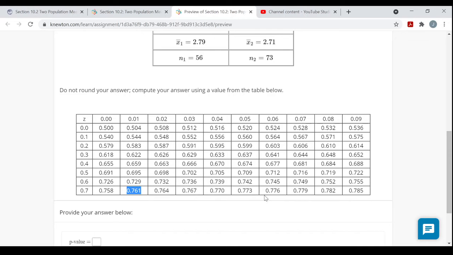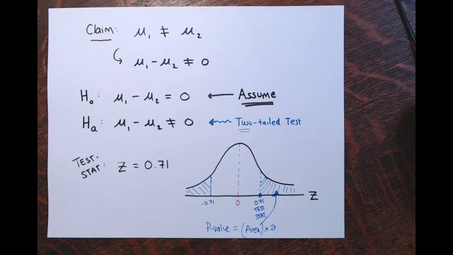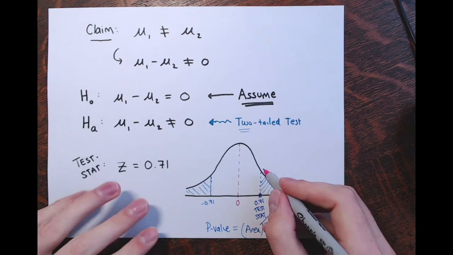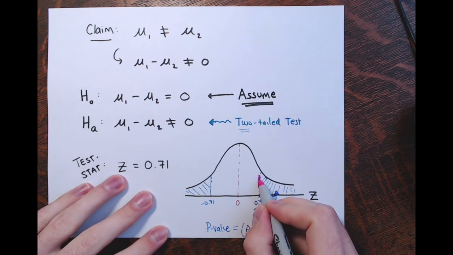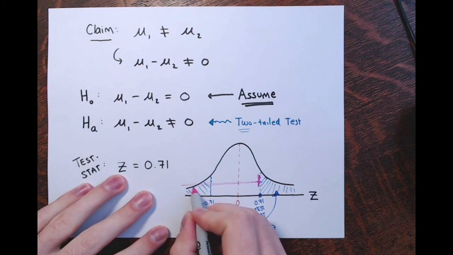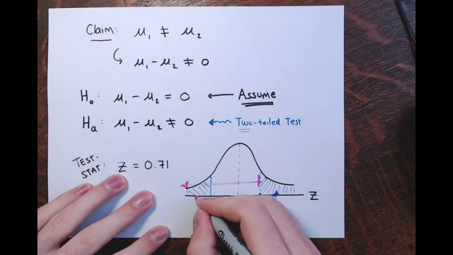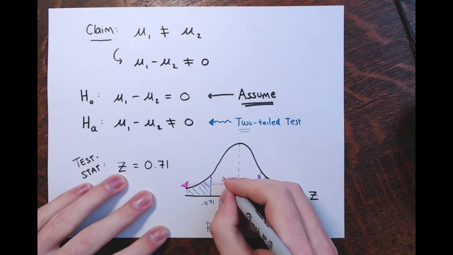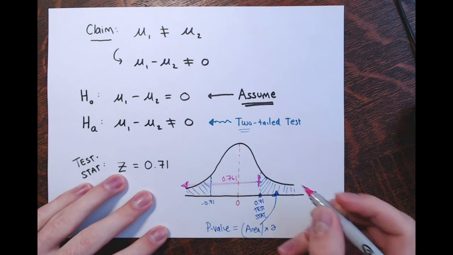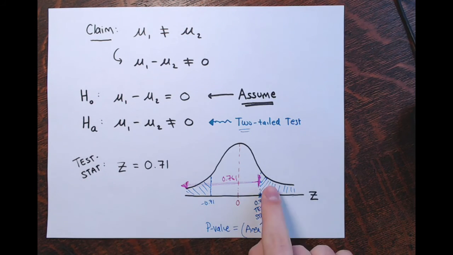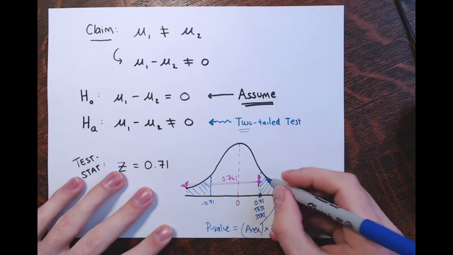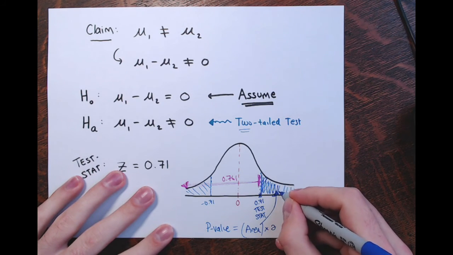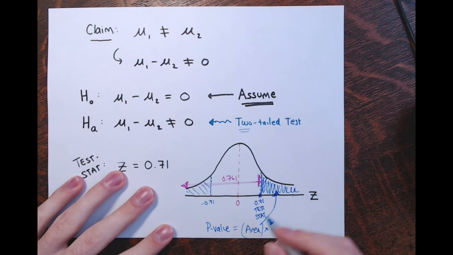All right, so back on my picture. They're giving me this area here, all the way to the left, forever. The area to the left of the z-score of 0.71 is 0.761. So that means the area to the right that I want is 1 minus that.